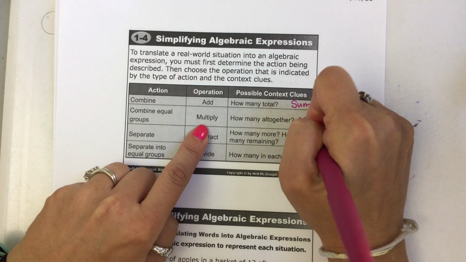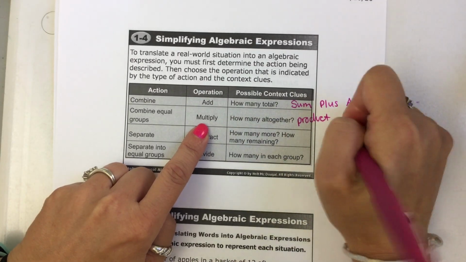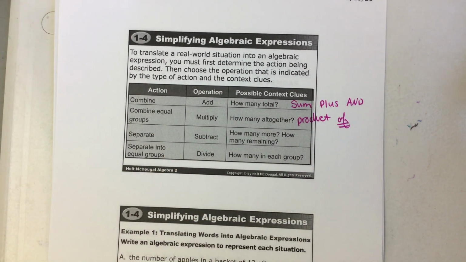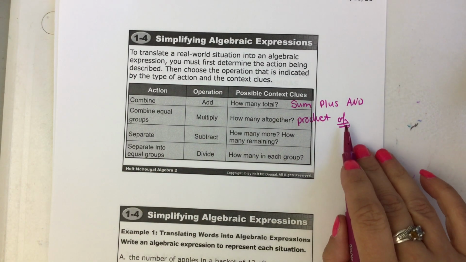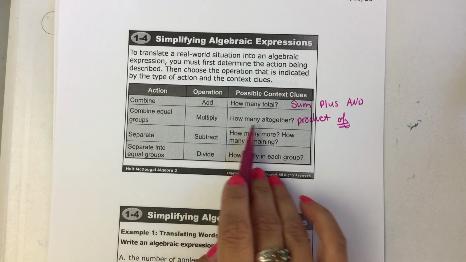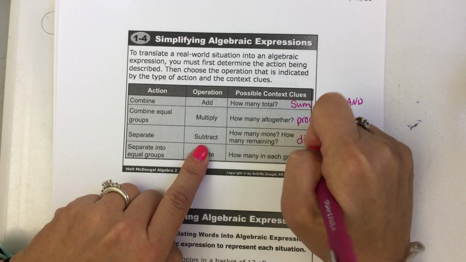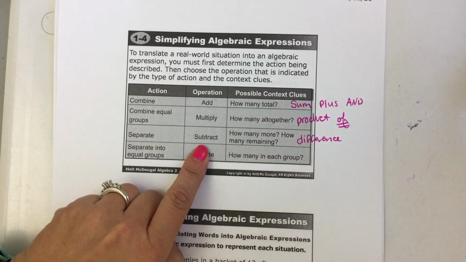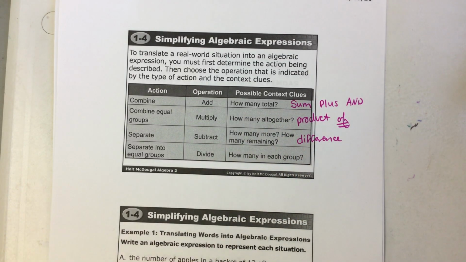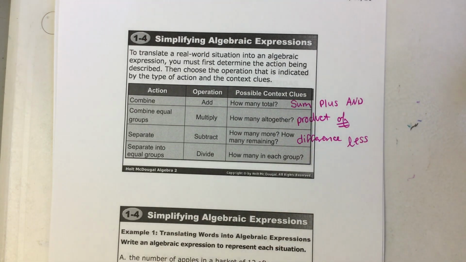Multiply. The solution when you multiply is called the product. One of those key words that indicates multiplication is the word of. If you're reading a question, it might say how many altogether. Subtract. The solution when you subtract is called the difference. You might see the word less or less than or minus.